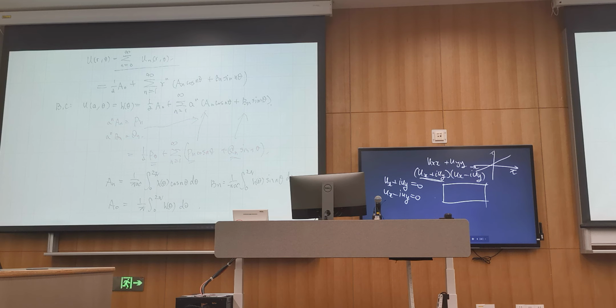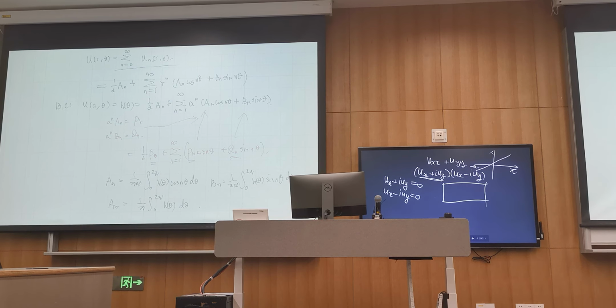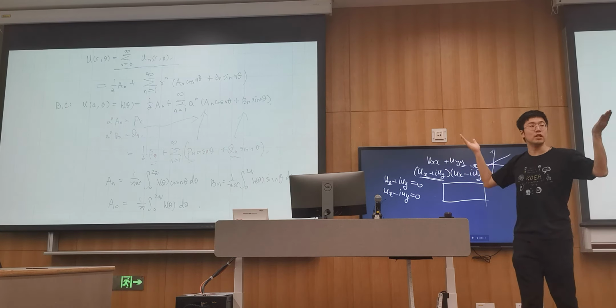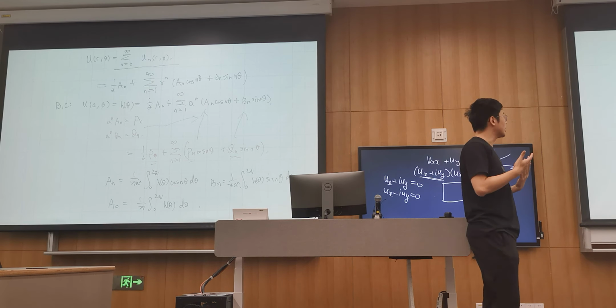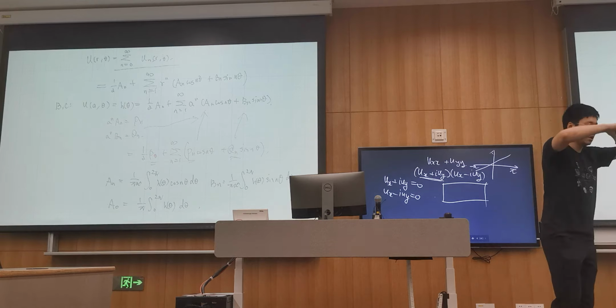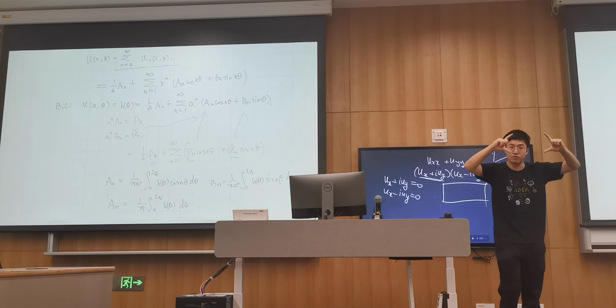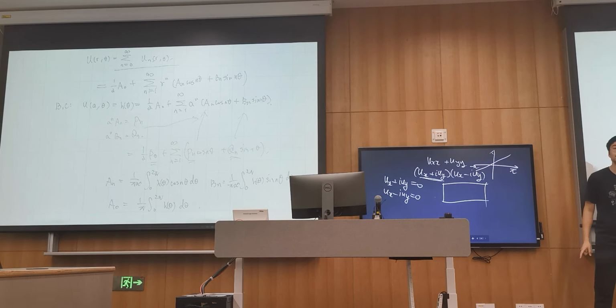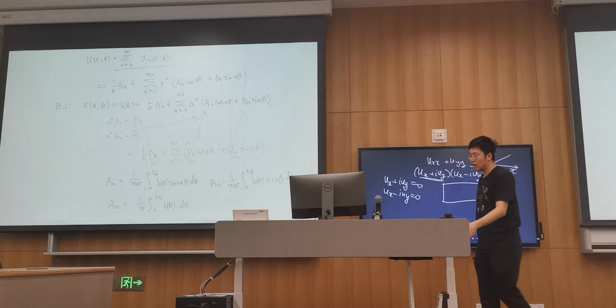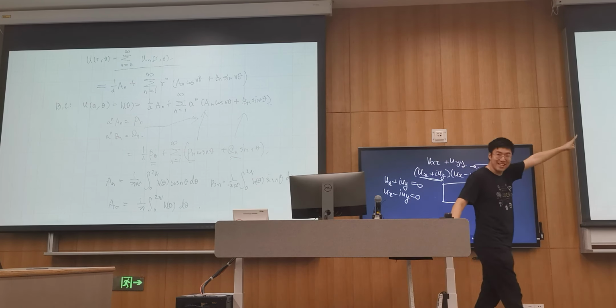And there's only one term, 1 over 2 a0, which is a constant. Why does that happen? According to the maximum principle, if it is a constant on the boundary, then maximum, minimum, everything is the same. So what exactly is that constant?